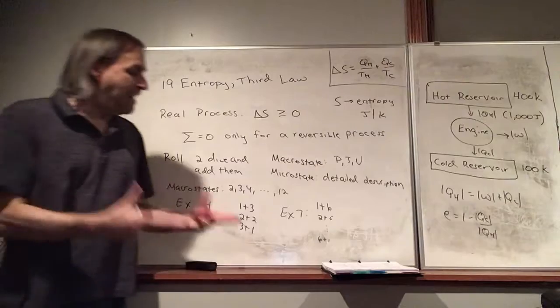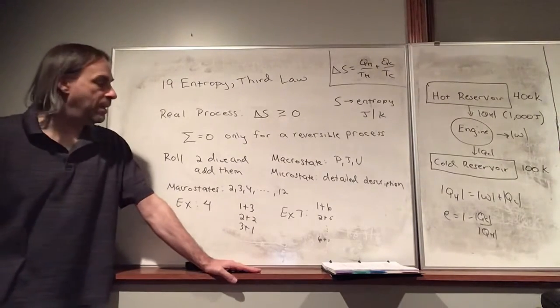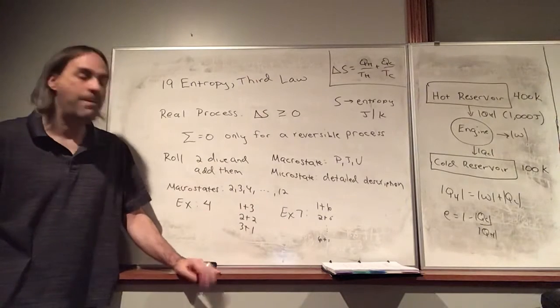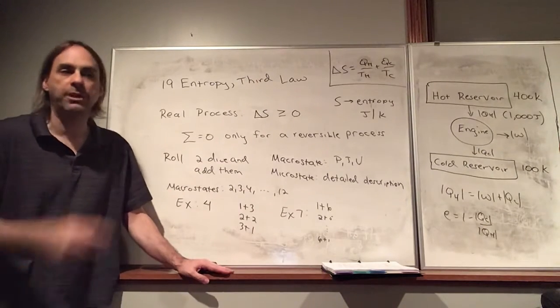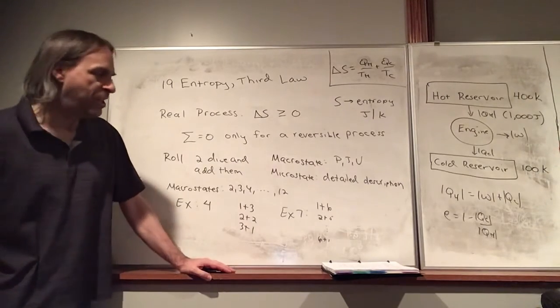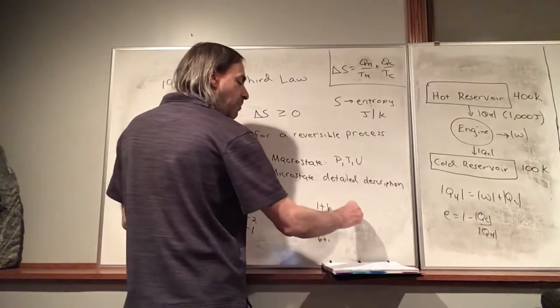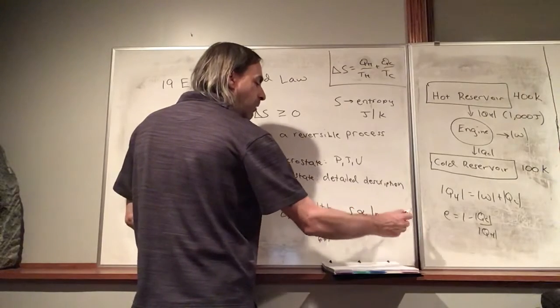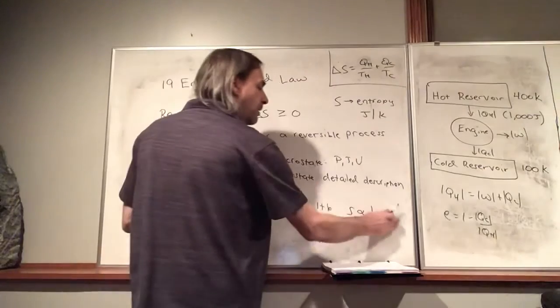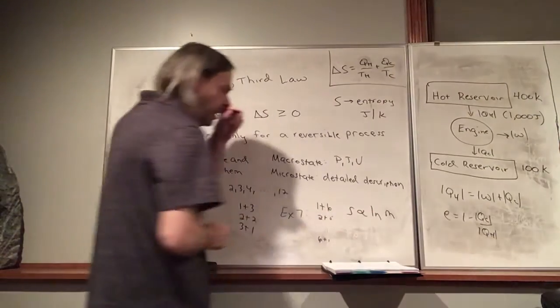And the idea is that the entropy is a function of how many micro states there are for a given macro state. Precisely, the entropy would be proportional to the natural logarithm of m, lowercase m for micro states.